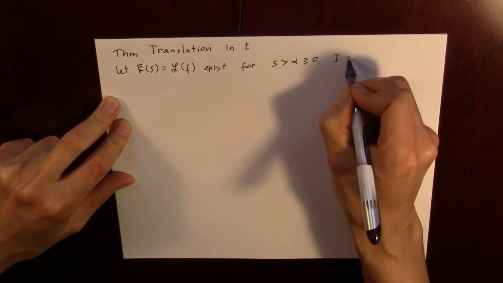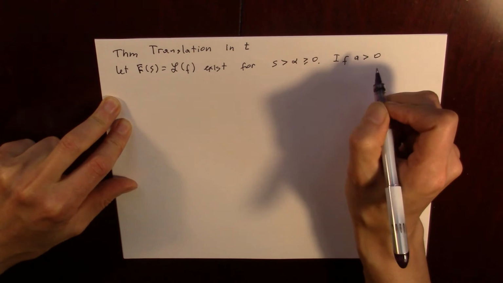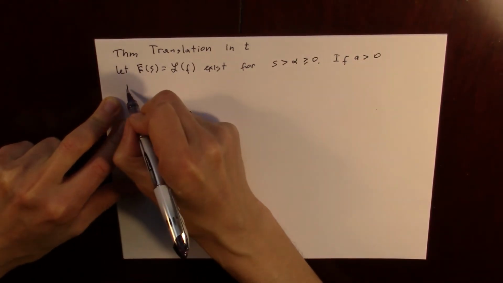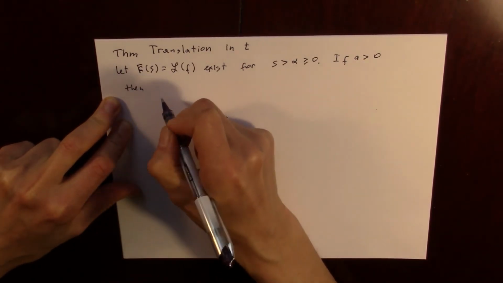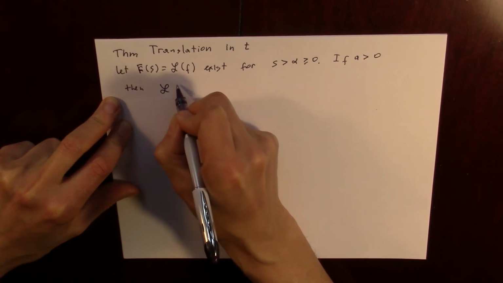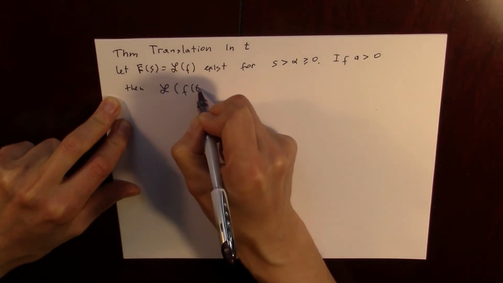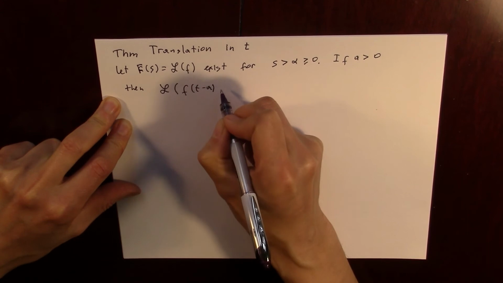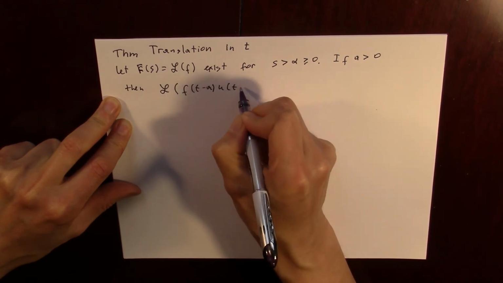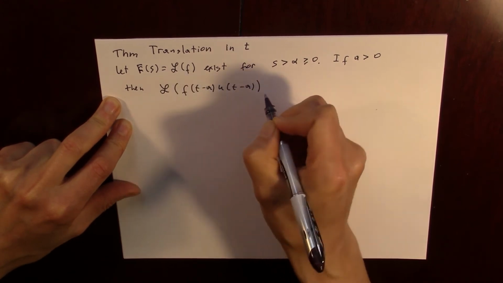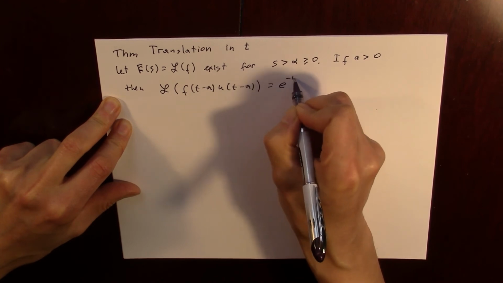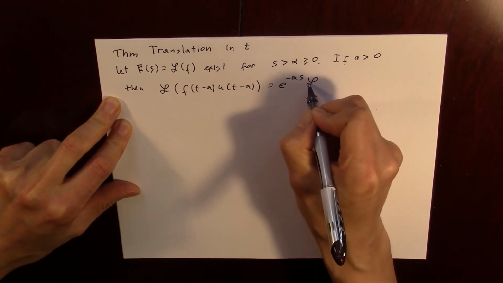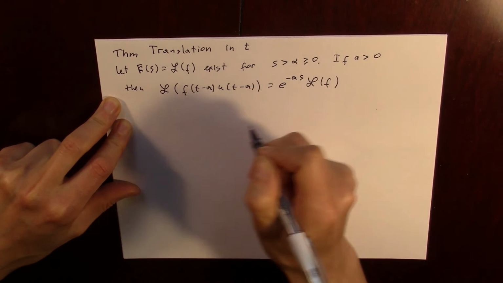Now if a is bigger than 0, then the Laplace of f of t minus a times the step function u of t minus a equals e to the negative as times the Laplace of f.